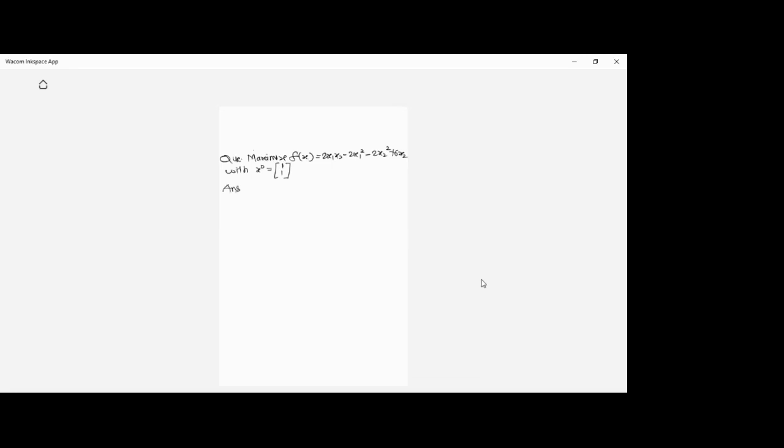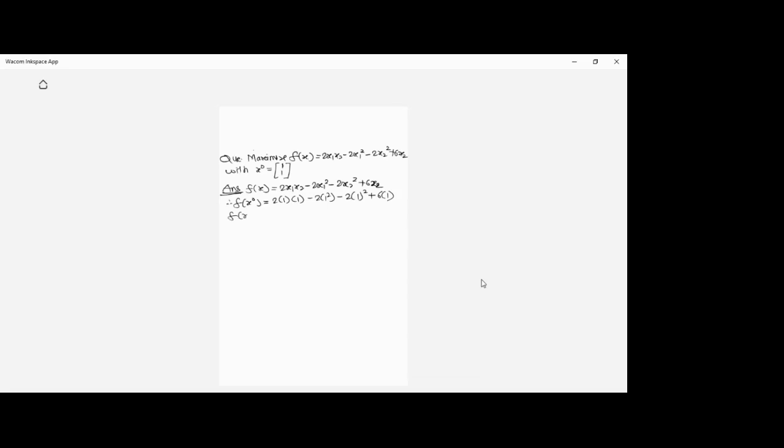So we can start with our numerical. f(x) is 2x1x2 - 2x1^2 - 2x2^2 + 6x2. Now we can find f of x0. It is 2 into 1 into 1 minus 2 into 1 square minus 2 into 1 square plus 6 into 1.